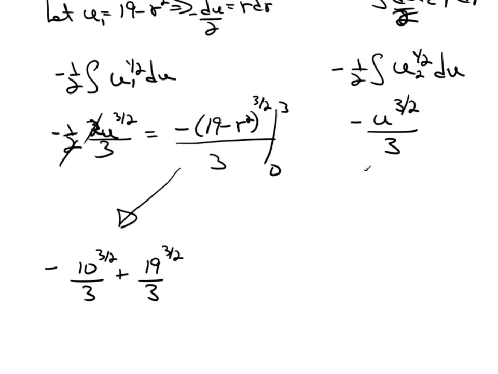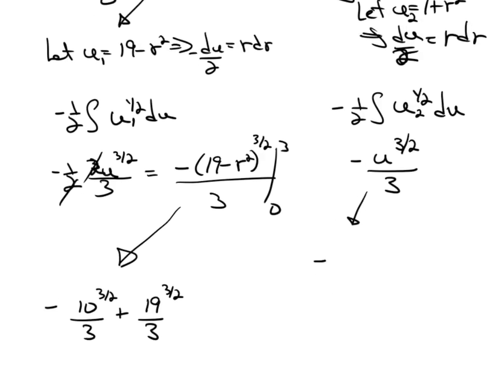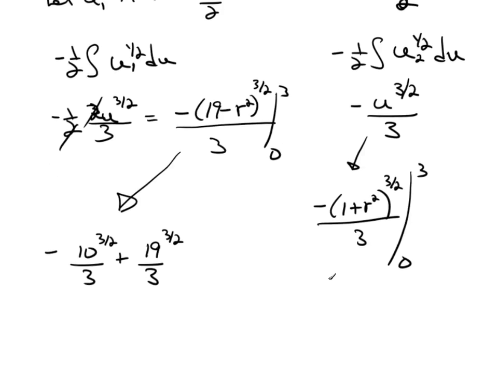Then on this side, this will give me a negative, what was that u? Was it 1 plus r squared, right? Yeah. 1 plus r squared to the 3/2 over 3 evaluated from 0 to 3, which is a negative 10 to the 3/2 over 3 minus a minus, that's plus 1/3.